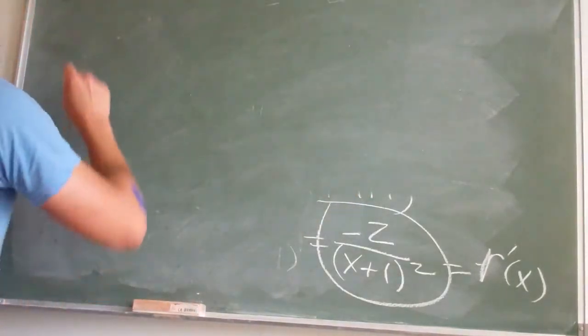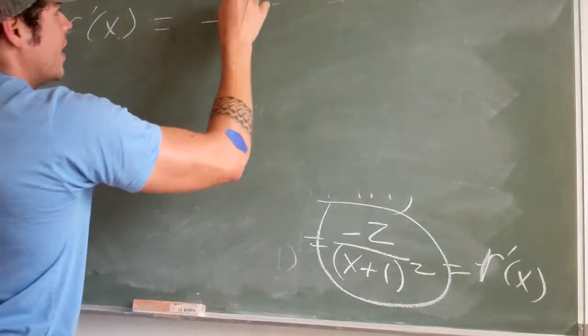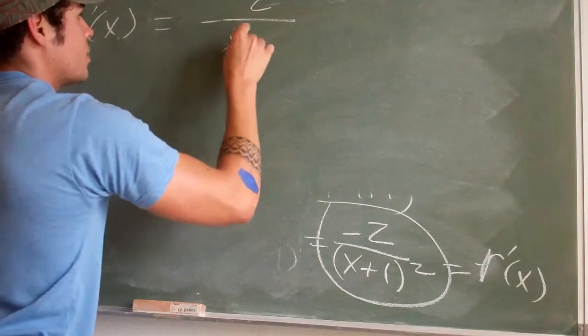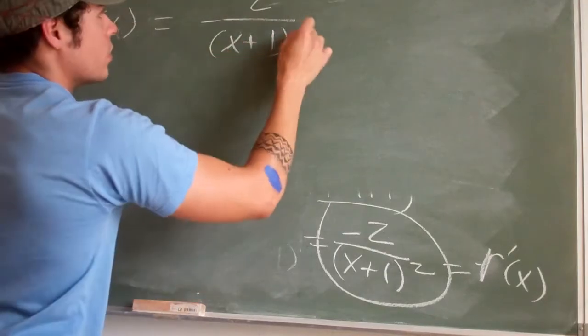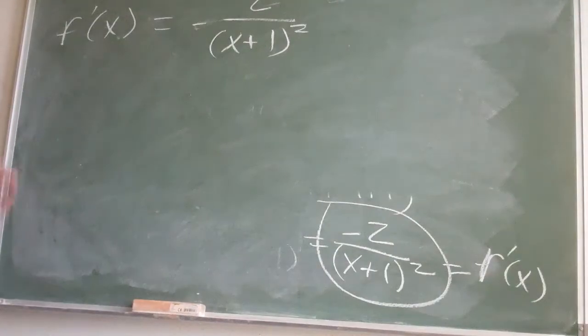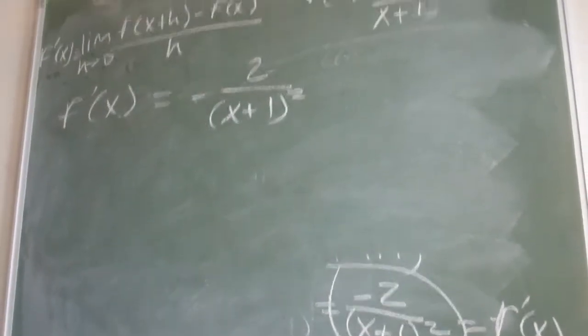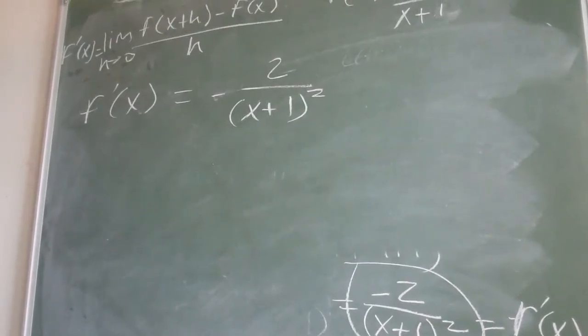Okay, I found that f prime of x is equal to negative 2 all over x plus 1 squared.